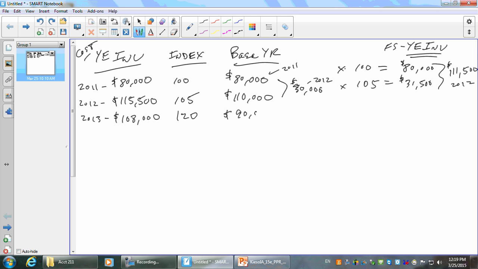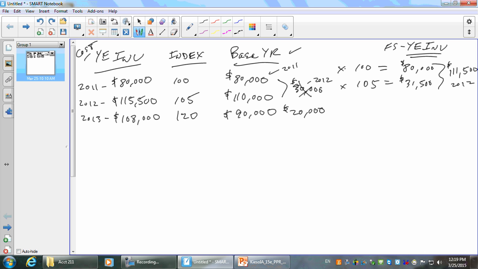Mm-hmm. Okay, what happened to the layer from 2012? There's only 90, you guys. What happened to the layer from 2012? It looks like it went down by 20. We're going to make this layer, instead of being 30, it's now going to be 10. Everybody agree with that? That's going to be in base year dollars.